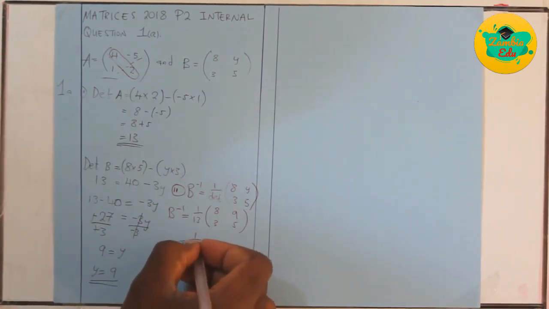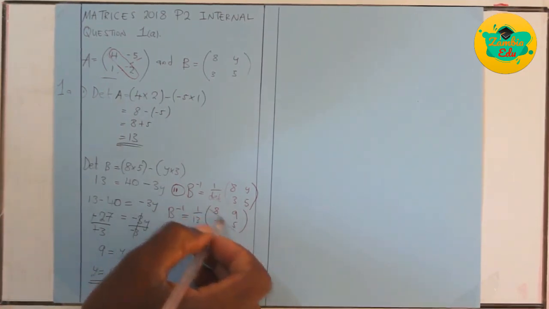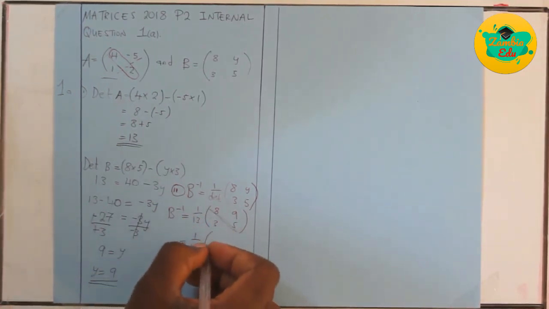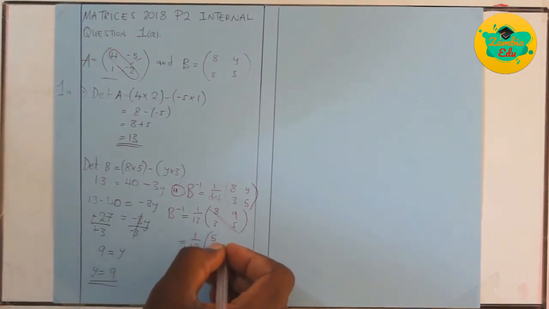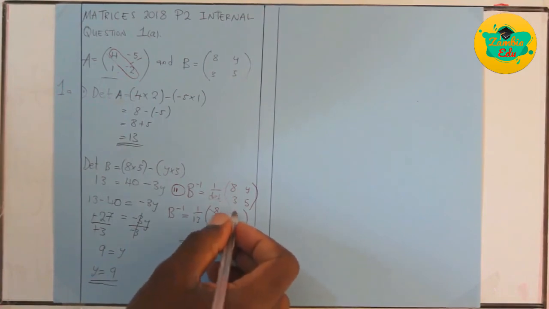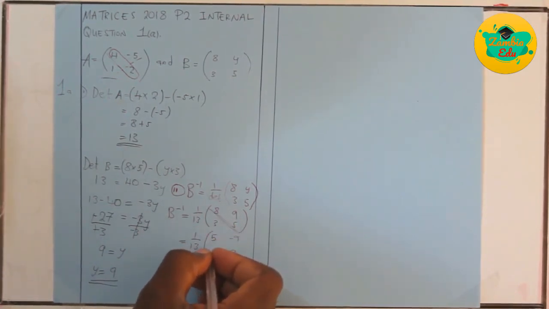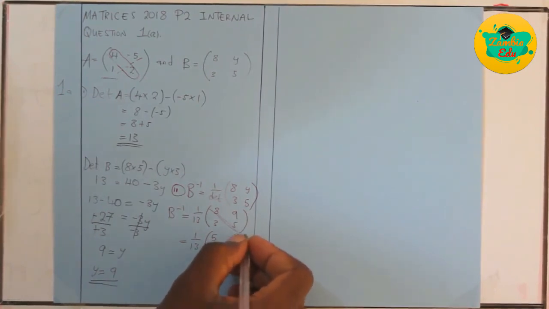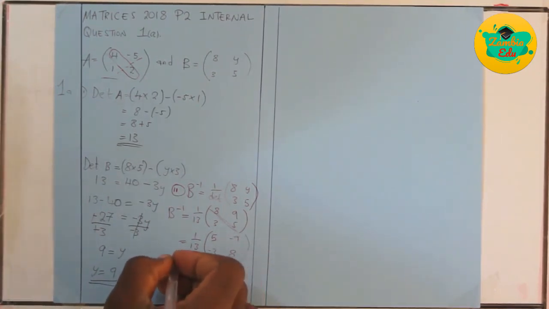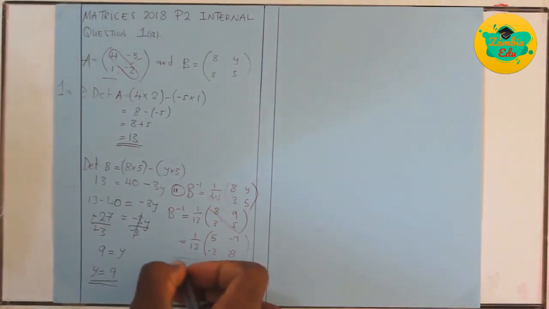So 1 over 13, open bracket, elements in the major diagonal have to be swapped, so you have 5 and 8 goes down, then multiply the minor diagonal with a negative, so that gives us negative 9 and negative 3 in that way. So when you end there, that's our answer.